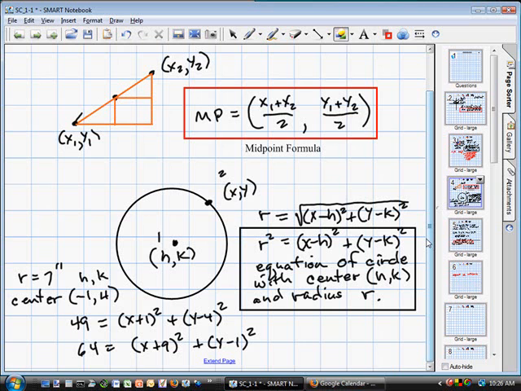Isn't that just an application of the distance formula that we were just talking about a few minutes ago? Square root, difference of the two x coordinates, x minus h squared, plus the difference of the two y coordinates, y minus k squared. Okay? And if you square both sides, goodbye root, and it looks like this.